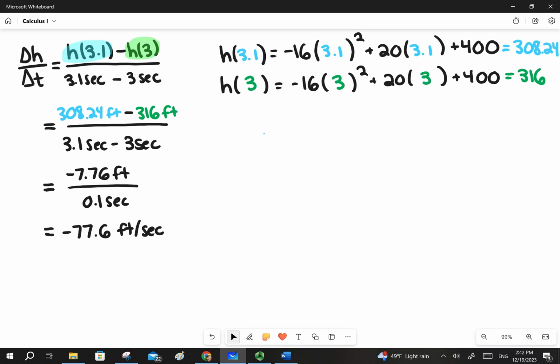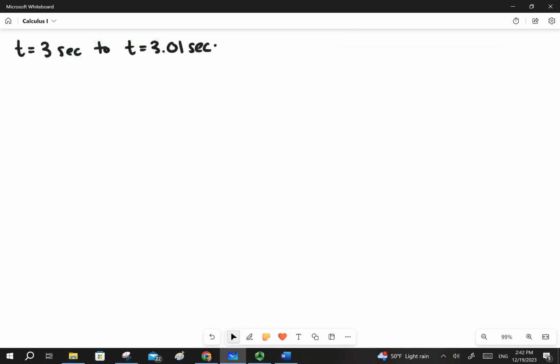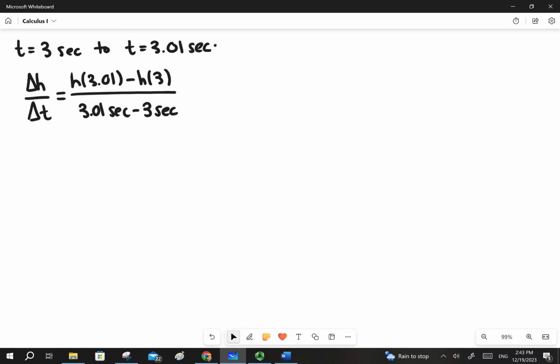This is probably a decent estimate of the instantaneous rate of change at 3 seconds, but we can get a better estimate by taking a shorter interval, say from 3 seconds to 3.01 seconds. Without going through all the calculations again, I'll show you what I got using this interval. This time, delta h over delta t is h of 3.01 minus h of 3 over 3.01 seconds minus 3 seconds.